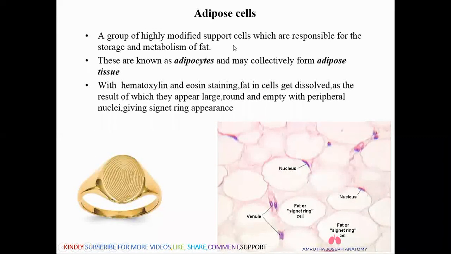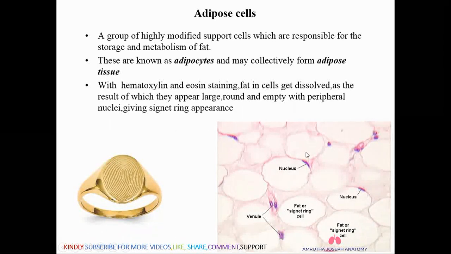Adipose cells. Adipose cells are again supporting cells seen in the connective tissue, which are responsible mainly for storage of fat. They are also called adipocytes, and a group of adipocytes is called adipose tissue. These are the adipocytes.